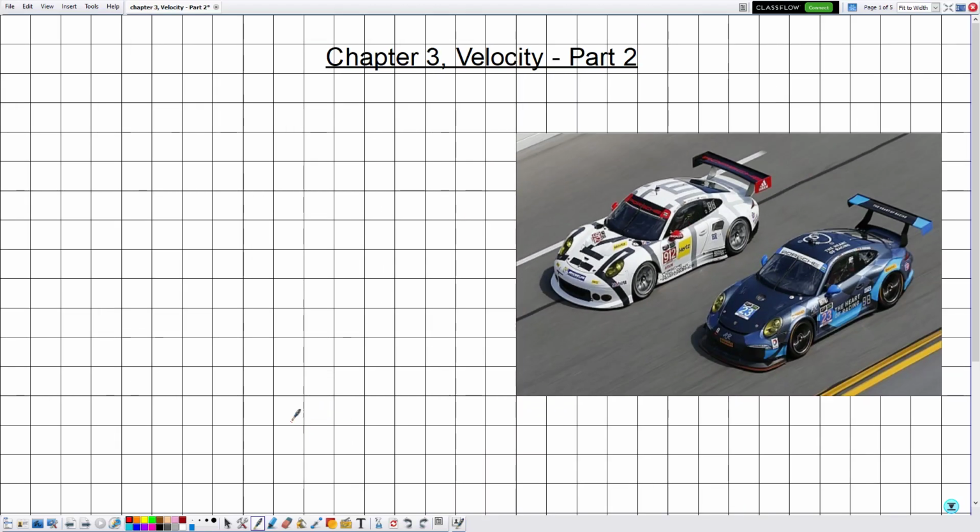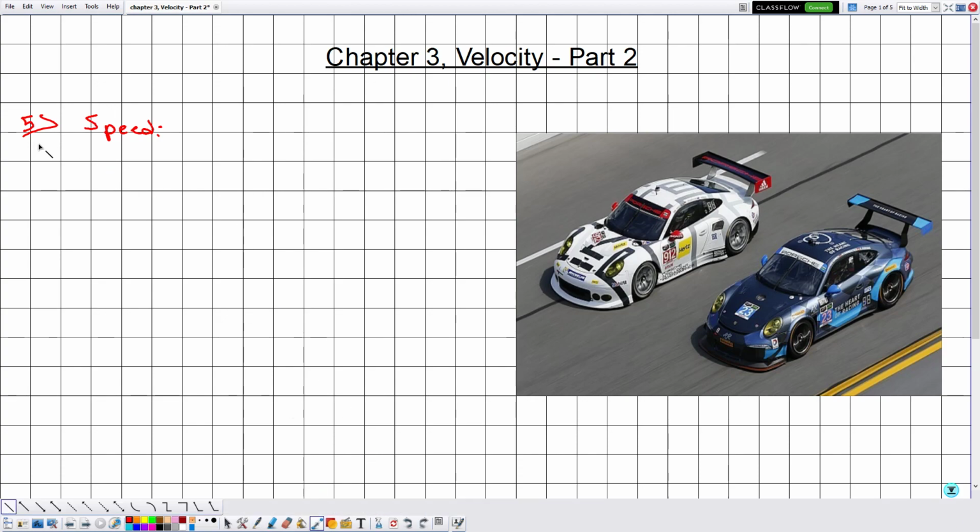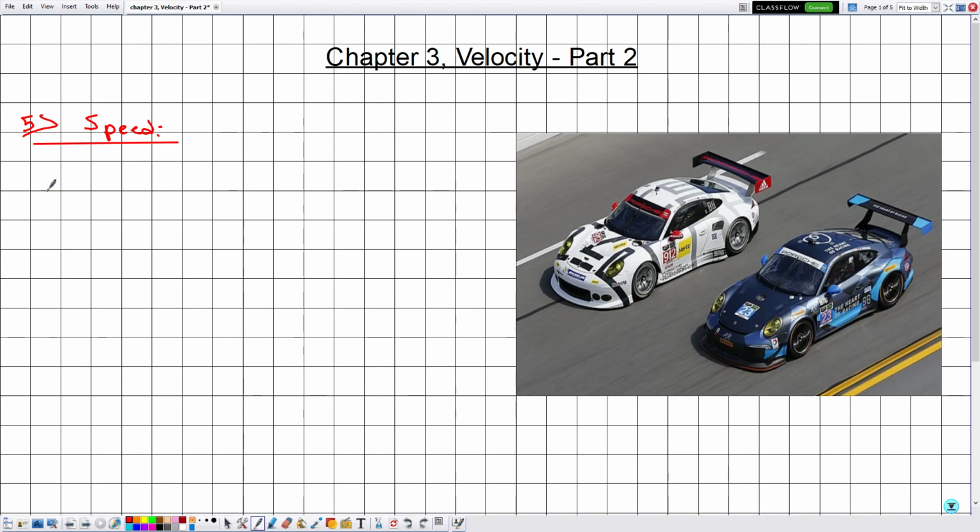So we have reached part 2 of chapter 3, which is the chapter of velocity for grade 8 students. Then we have reached section number 5, and the title of this section is the speed. So what is the speed?